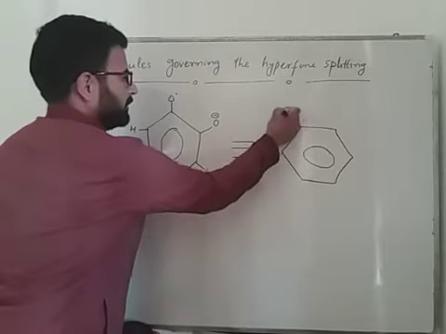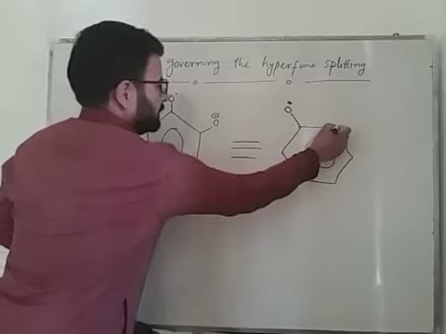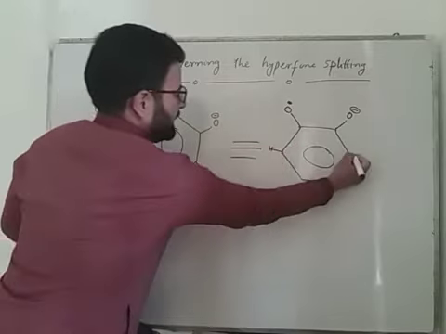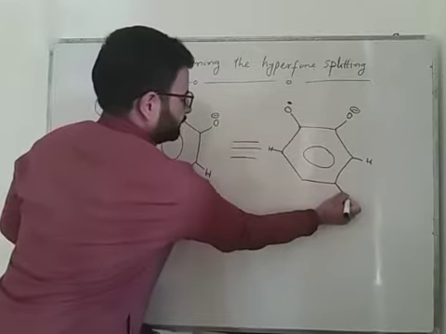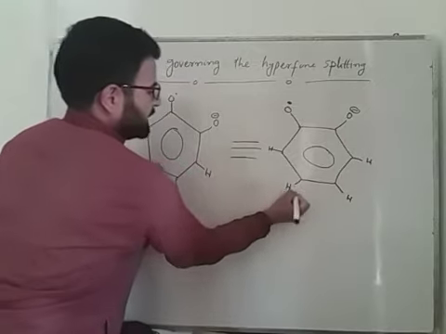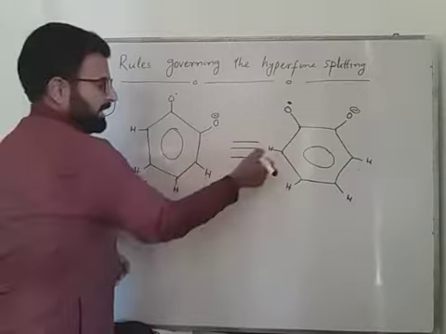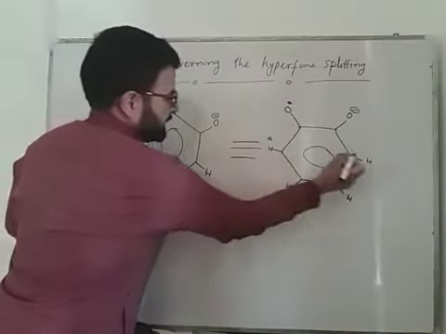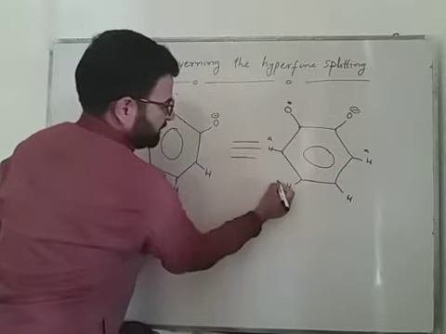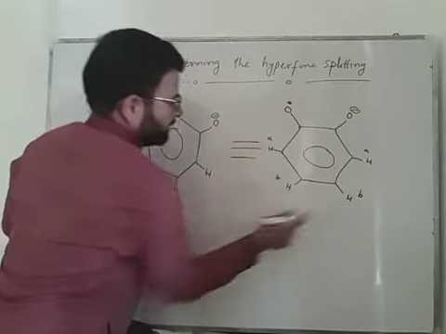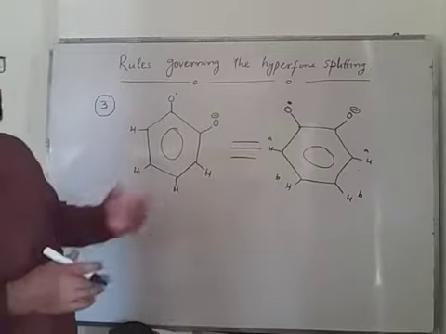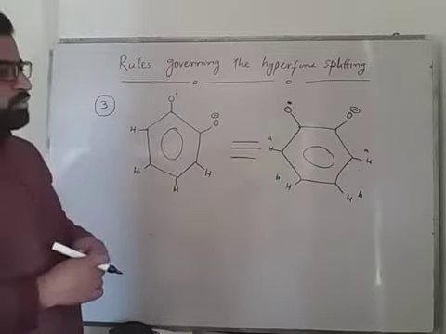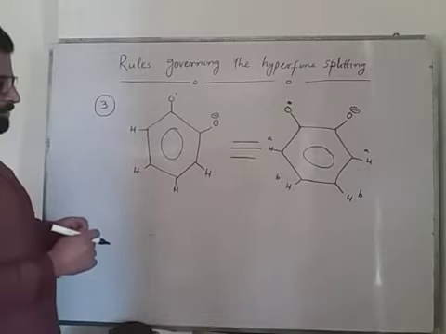O negative, H and H here. So it has two sets of equivalent protons. For example, I will write it A, it is also A. This will be B type of proton and this will be also B type of proton.